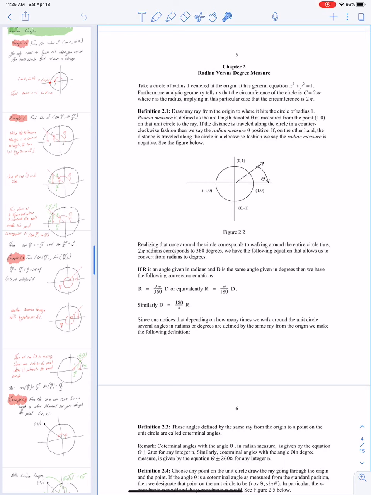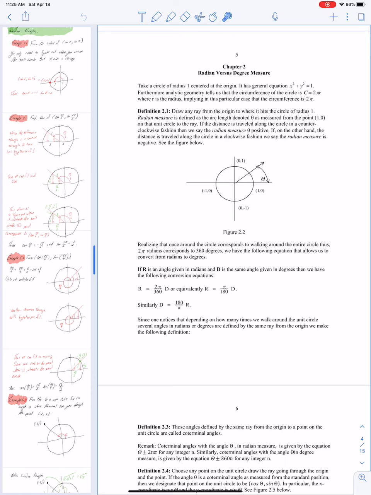if I start with the positive arm of the x-axis and I walk all the way around the circle, I have walked through an angle of 360 degrees. But what distance have I walked on the unit circle? The answer is I have walked a distance 2 pi.